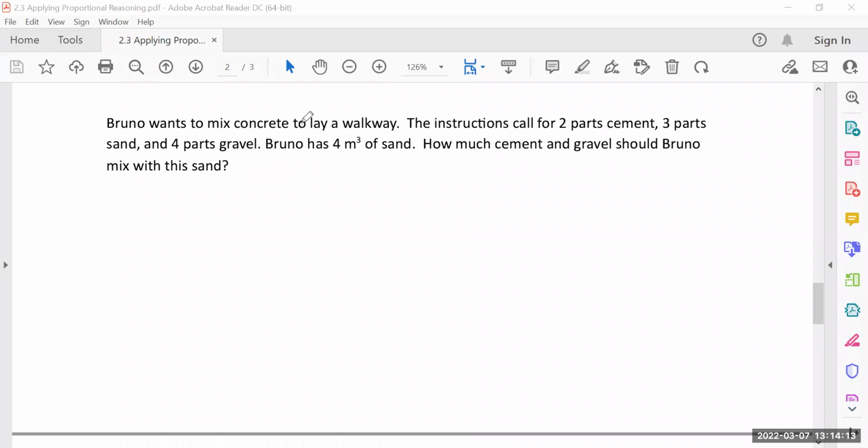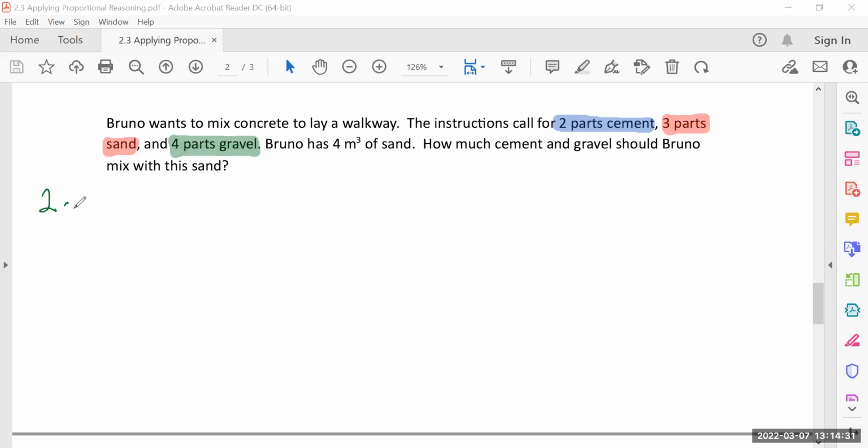They want to mix concrete for a walkway. Here we have 2 parts cement, 3 parts sand, and I'll use green for 4 parts gravel. Okay, and so I'll write it down as well.